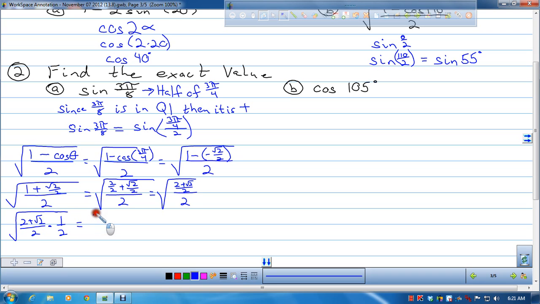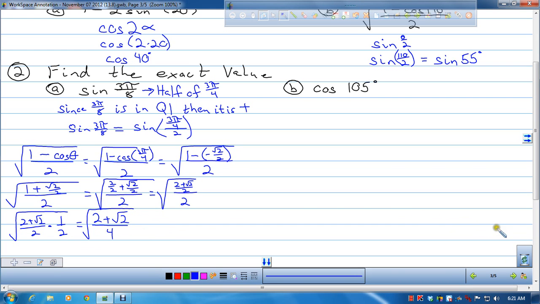So I end up with the square root of 2 plus root 2 over 4. Now, this will be an acceptable answer.